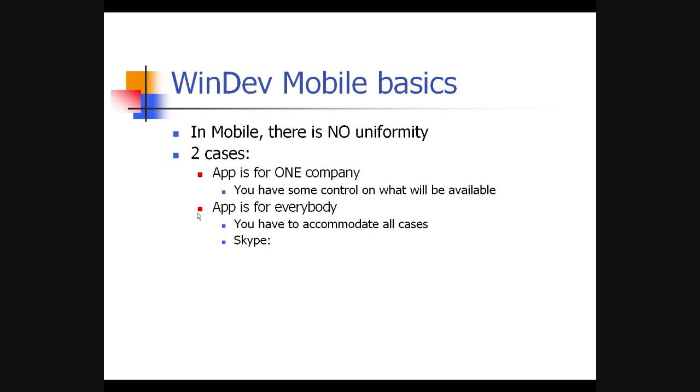So how do they manage that? Well, when you want to download Skype for mobile, you start by choosing your brand of phone, the brand of the device that you are using. Then you choose which model of phone you are using, and then you download the corresponding version.